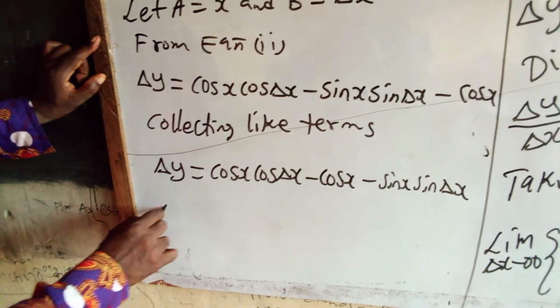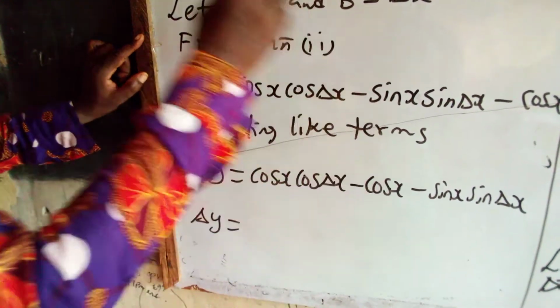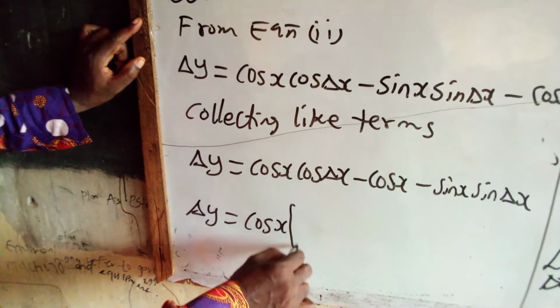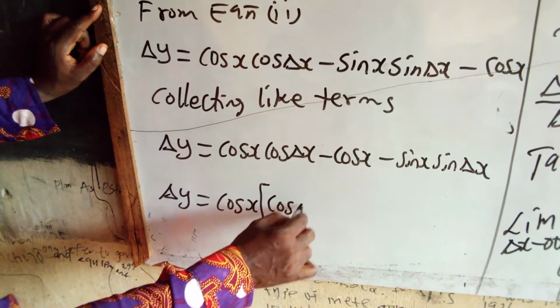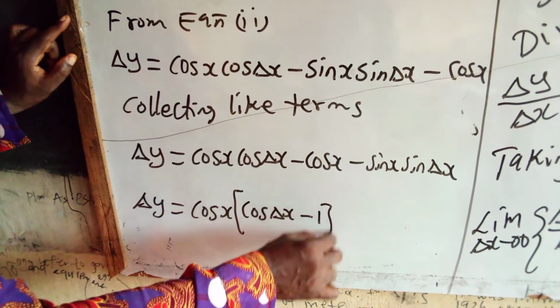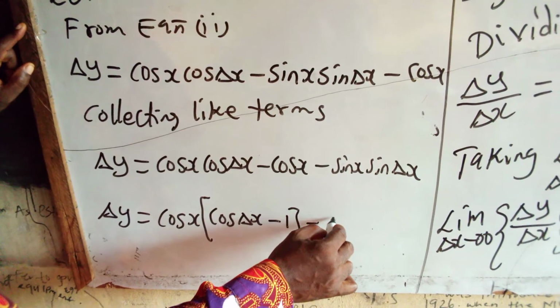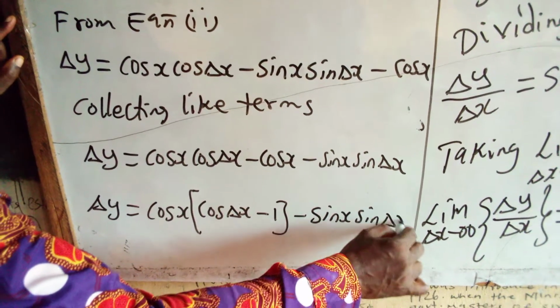We now factorize. Cos S is here, cos S is here, you bring it out. So you have cos S, open bracket. The whole of this divided by this will give you cos change in S. Then minus this divided by this is 1. Then we have minus sin S sin change in S.